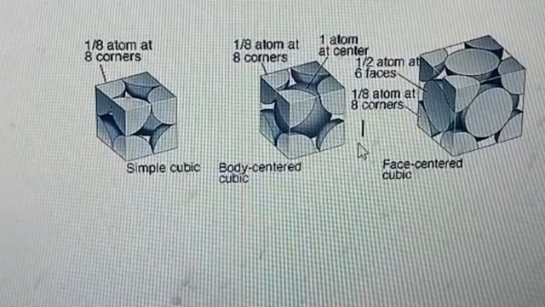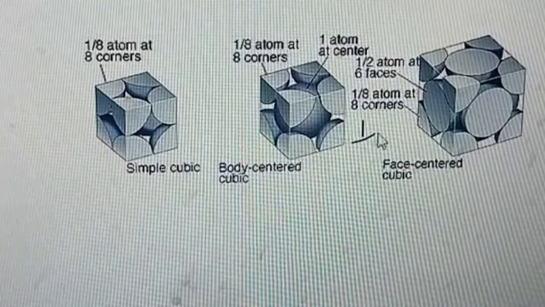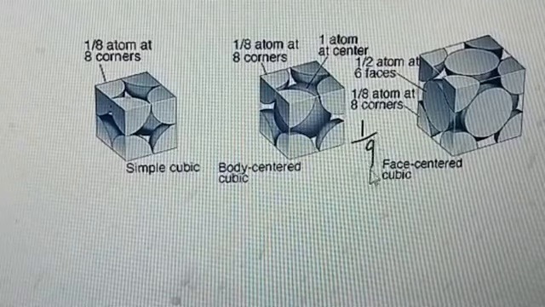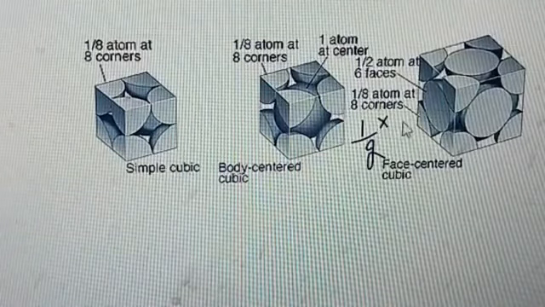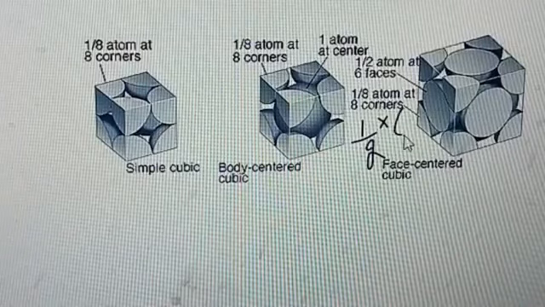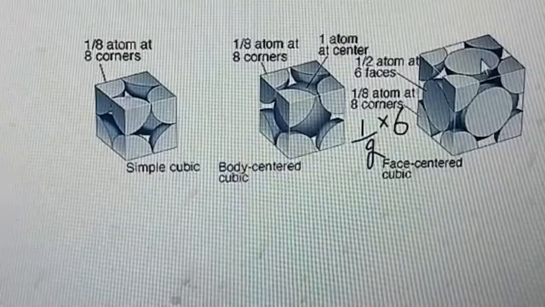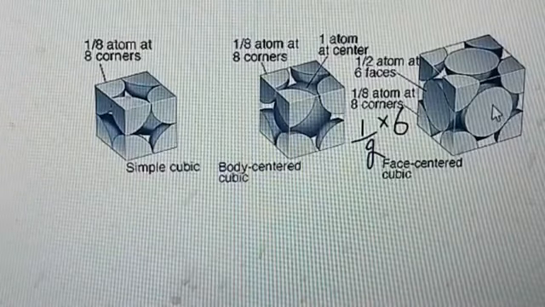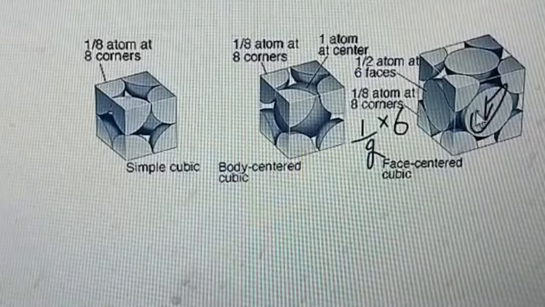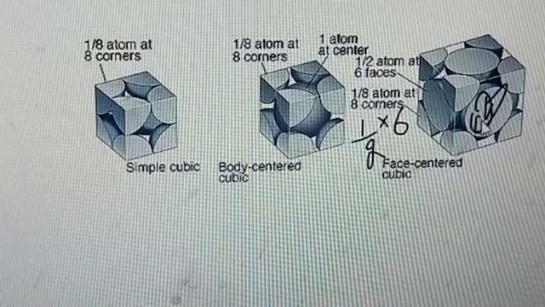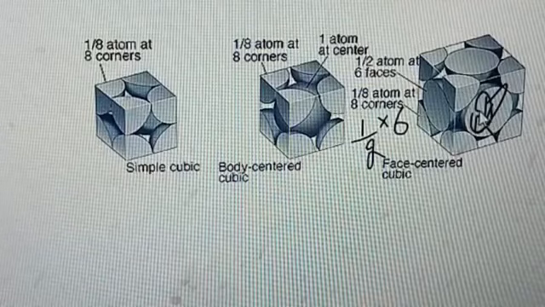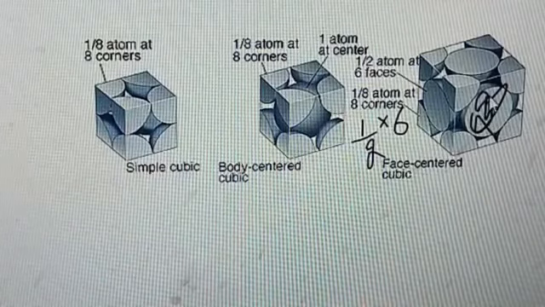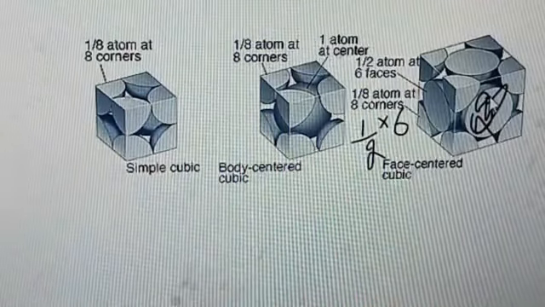Why should we consider 1 by 2 into 6? Because this particle which is present at the center of the face is shared by 2 adjacent unit cells. 2 adjacent unit cells means half of the particle will belong to the particular unit cell.